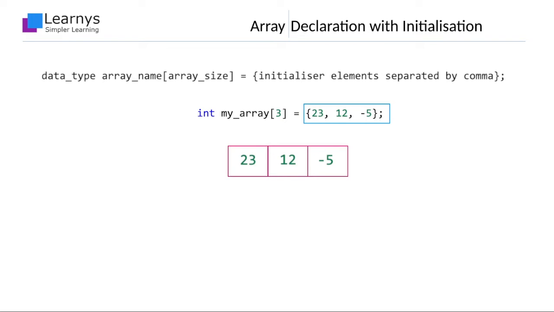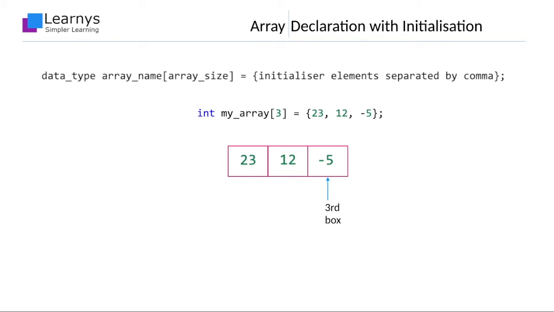You can see 3 horizontally stacked boxes holding 23, 12 and -5 respectively. 23 is in the first box, 12 is in the second box and -5 is in the third box. With this figure in mind, it is not difficult to imagine accessing an element of an array through the number of boxes in which it is kept. We will very shortly discuss how to access array elements.